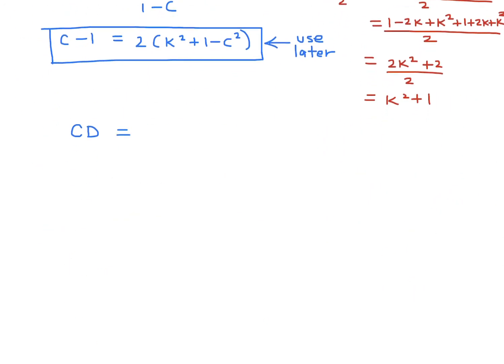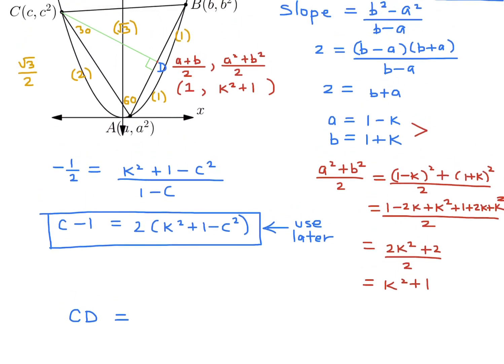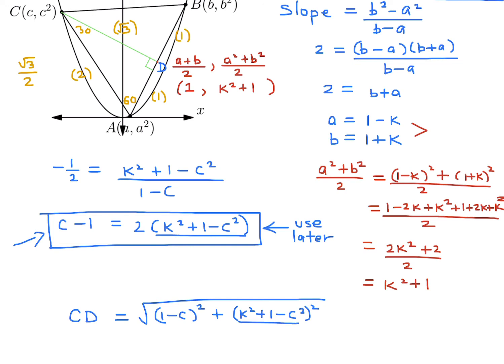So CD, using our points, let's see here, I'll just put it on the screen for once. We got the square root of (1 minus c) all squared plus (k squared plus 1 minus c squared) all squared. Okay? And let's see, can we substitute anything in this? Yes, right here. We can substitute that. This looks awfully similar to that, correct?